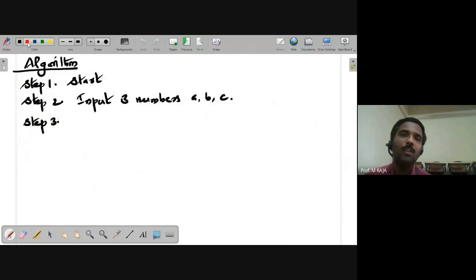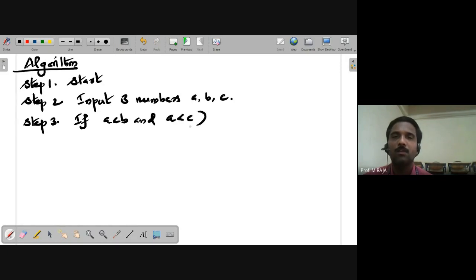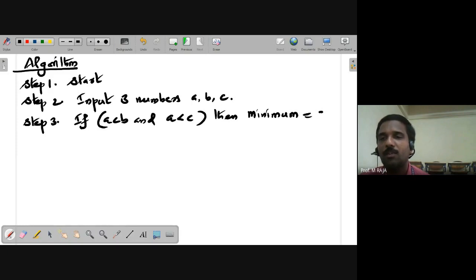So how do we write the step in terms of an if conditional statement? If A is less than B and A is less than C, if this condition is true, then we assign A to the variable minimum. Minimum is equal to A.